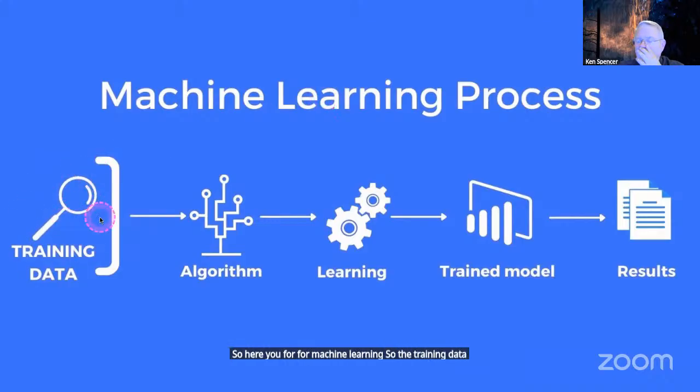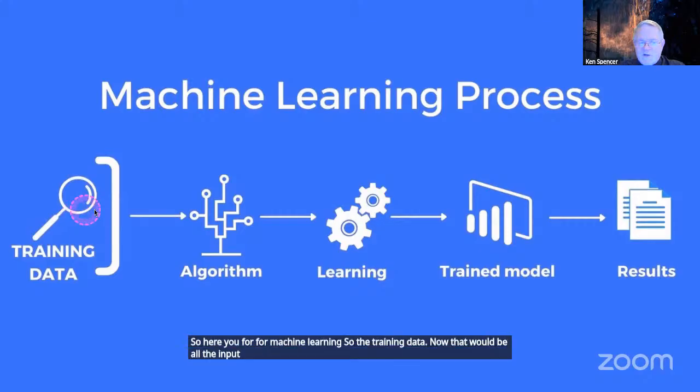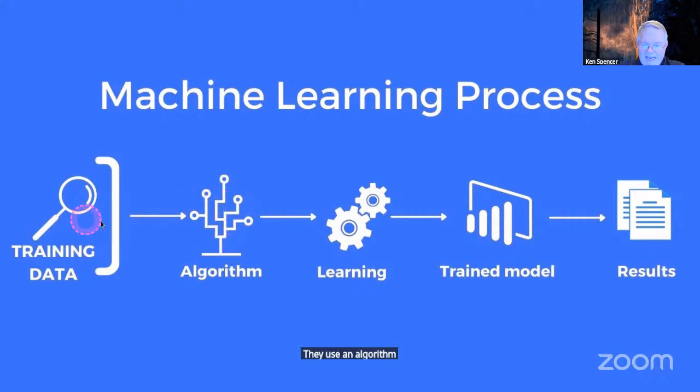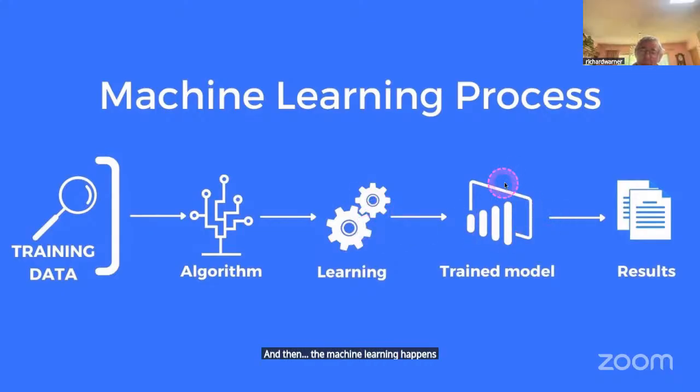So for machine learning, there's the training data. That would be all the input from the cars that are sending information back to Tesla. Then they use an algorithm to analyze that, the machine learning happens, and it comes up with a trained model.